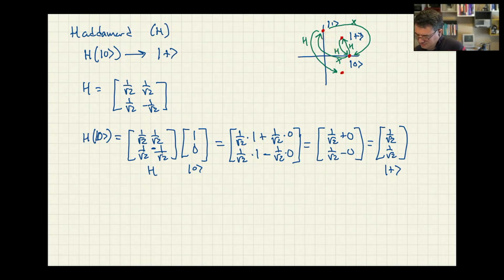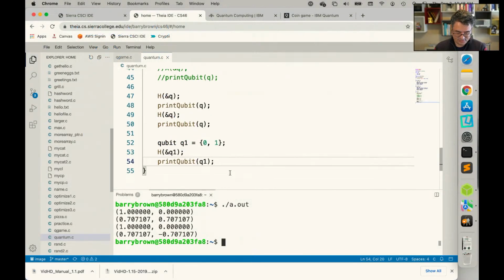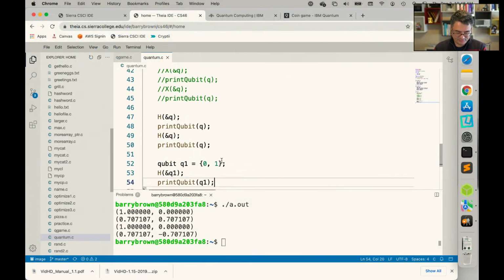Yep. What do you think is going to happen if I apply the X operation to this one? The plus. It's going to go to the negative. So it'll be in the superposition of the negative side. Let's find out.